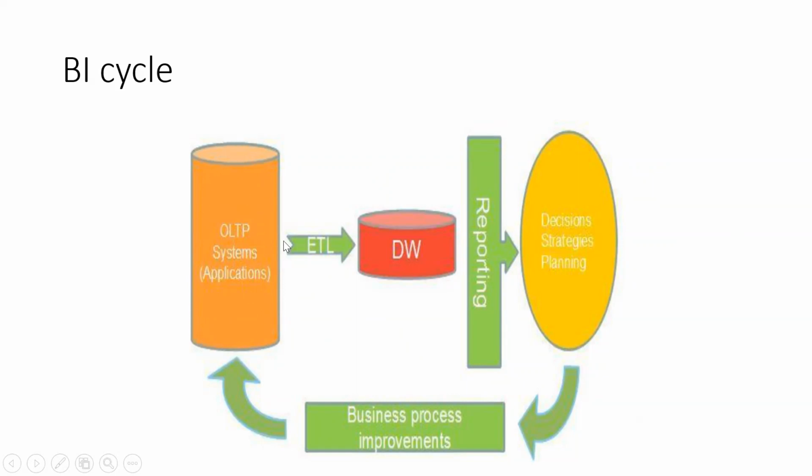ETL is a kind of tool that helps process the meaningless source data into meaningful data in the data warehouse. This is one of the scopes of the data engineers: processing the data from the source systems to the target system, which is a data warehouse.